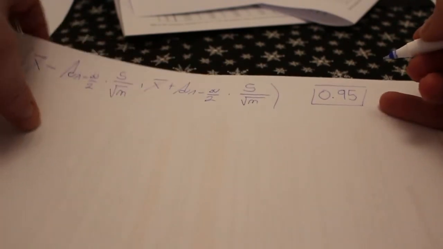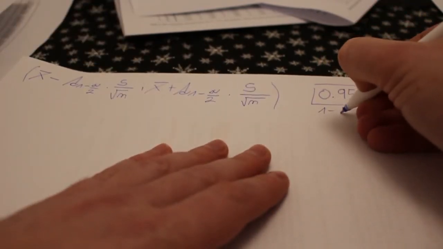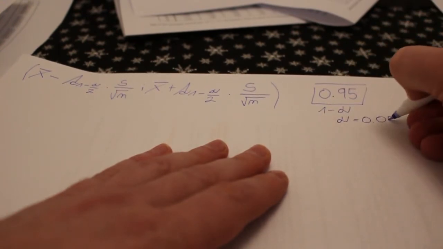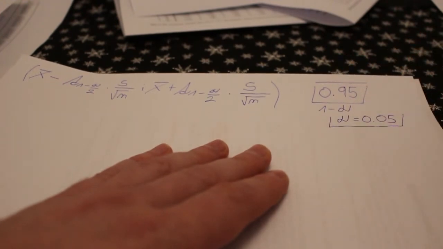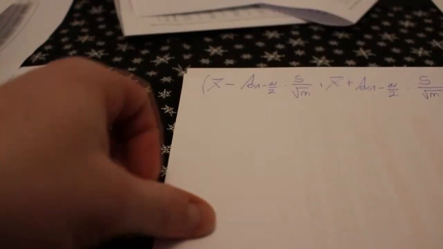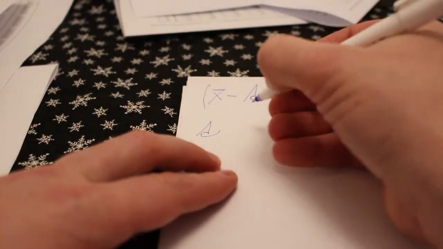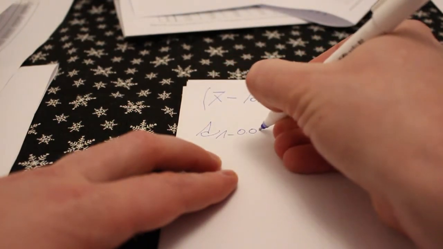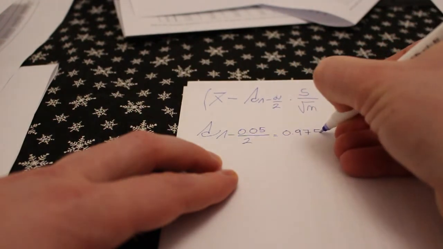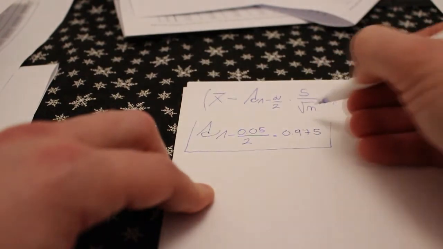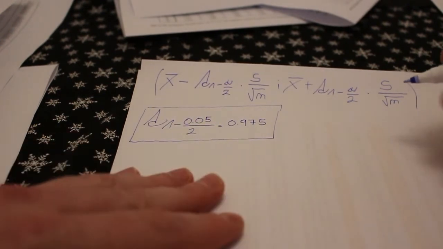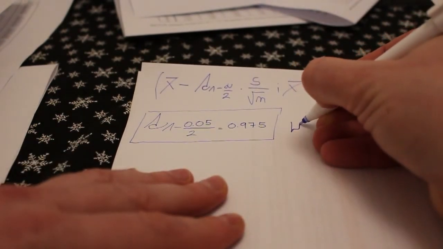Okay, and I must calculate again 95% confidence interval. This confidence is 1 minus alpha, so again alpha is equal to 0.05. Do you know which quantile will be necessary to find in the tables? Student t quantile 1 minus 0.05 divided by 2, so this is equal to 0.975. 97.5% quantile of the student t distribution with degrees of freedom ni.